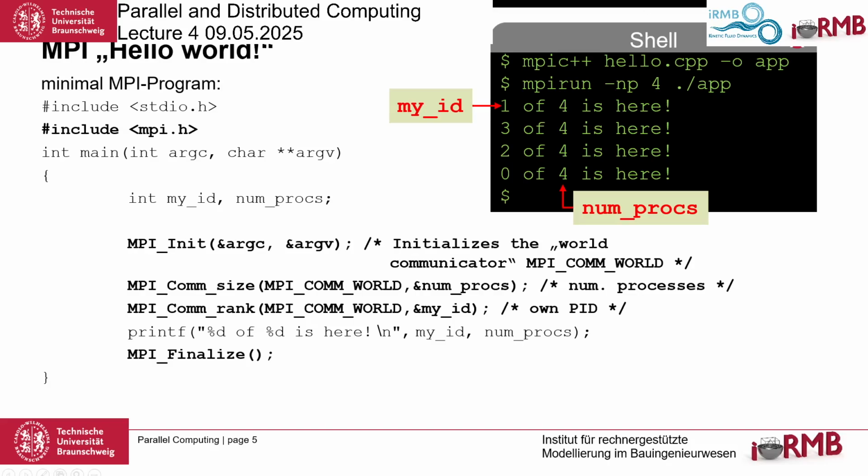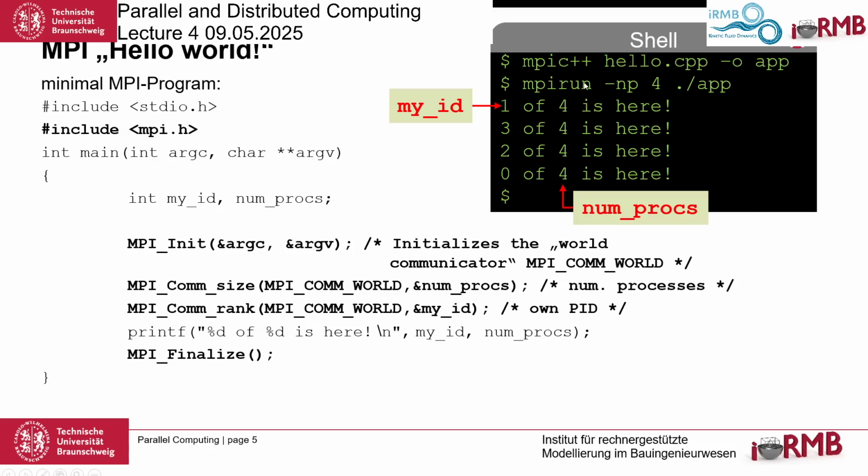Then, once we have this output, we have to run this in the MPI environment. So we have to write mpirun, and then we have to specify the number of processes that we are using. For example, if you use 4 processes, we specify number of processes with -np 4, and then we run the app.